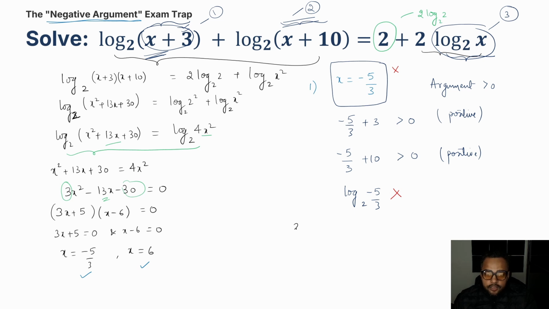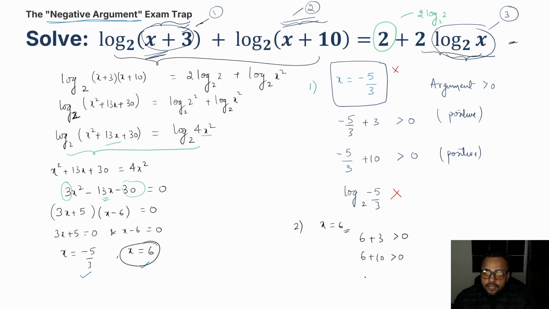Now the second part is if I substitute x equals 6. For x equals 6, we need to insert this in the first log which I have mentioned here. So it will be positive because 6 plus 3 will be greater than 0. Similarly, for the second log, it will be 6 plus 10, which will be greater than 0. Now we'll substitute x equals 6 in this third log.